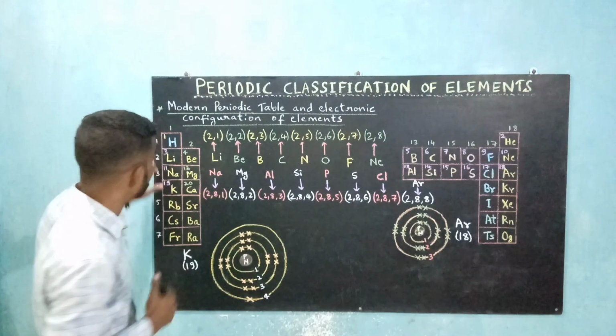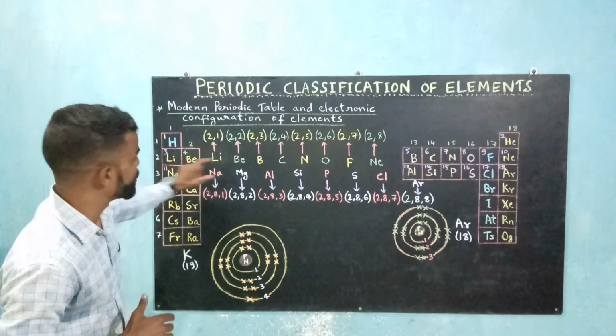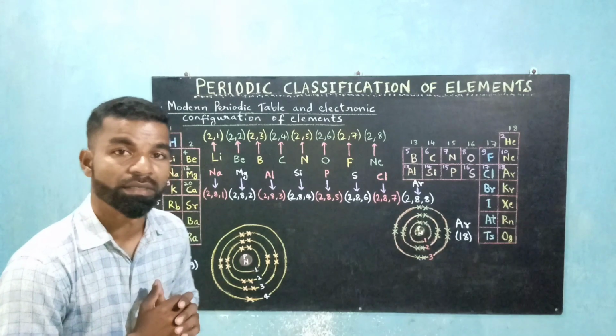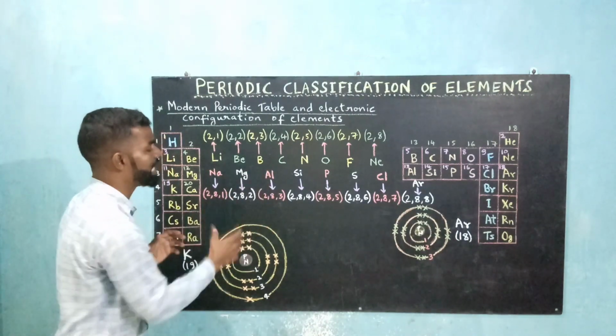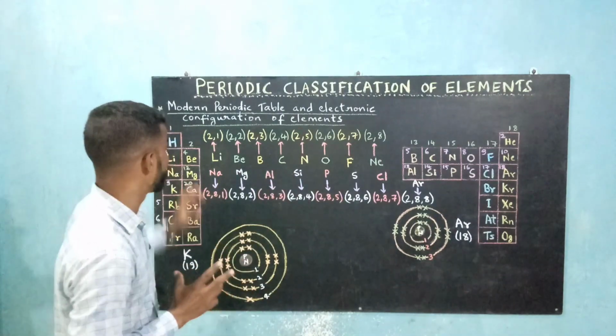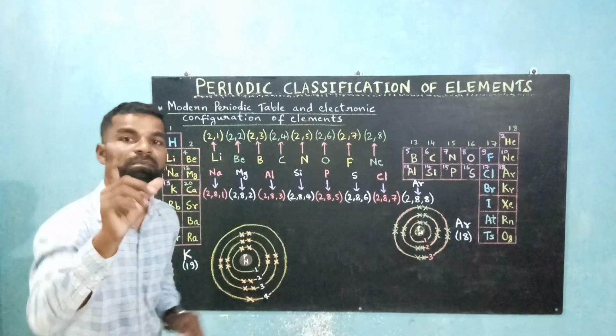Next, let's consider the example of period 3, which has the elements sodium, magnesium, aluminium, silicon, phosphorus, sulfur, chlorine and argon. You can see that the electrons are placed in 3 shells. Every element in period 3 has 3 shells in its electronic configuration, but the number of valence electrons are increasing by 1.